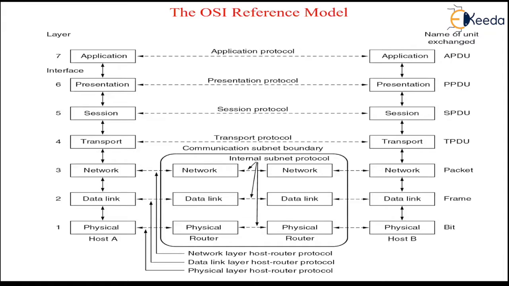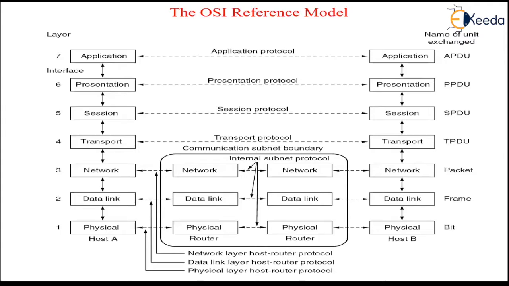The next layer is the data link layer. The responsibilities of the data link layer include, first one, the framing. The data link layer receives the packets from the network layer and converts the packets into frames. The next responsibility is the physical addressing.